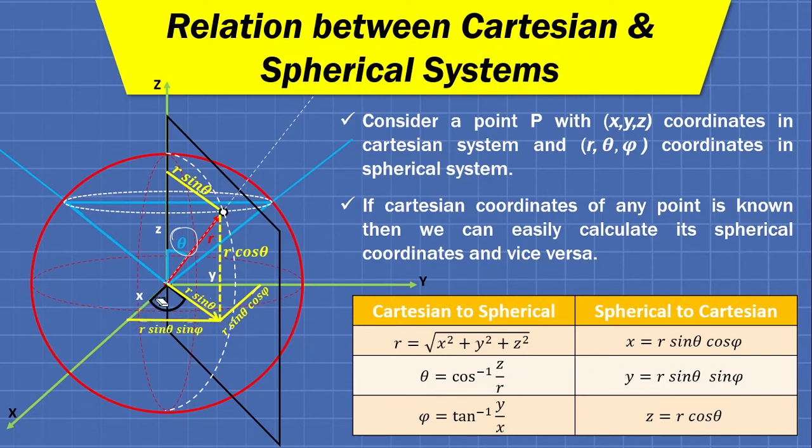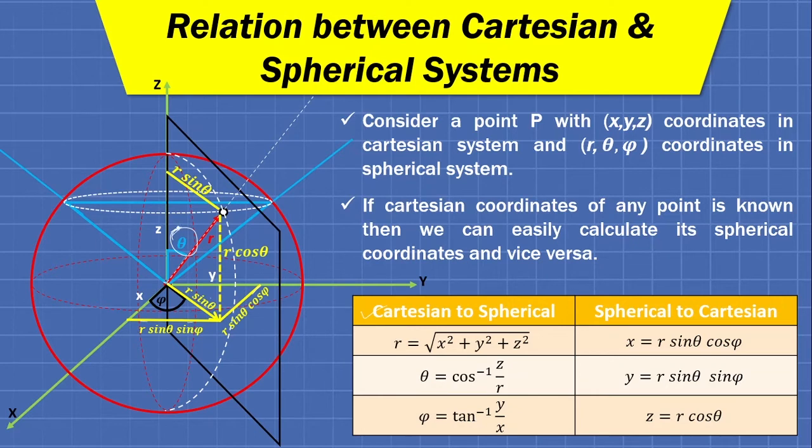Fine. So let us remove every extra writings. So in Cartesian to spherical, the r coordinate of a point can be calculated by under root x square plus y square plus z square, that is the sum of square of its xyz coordinates.